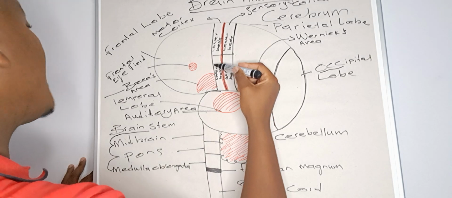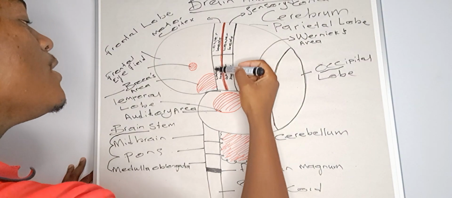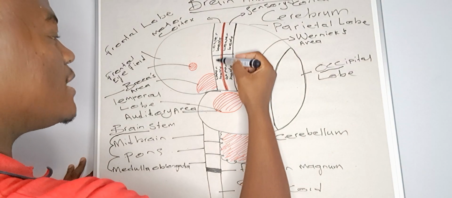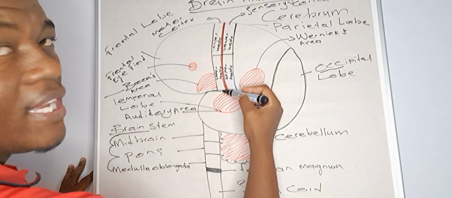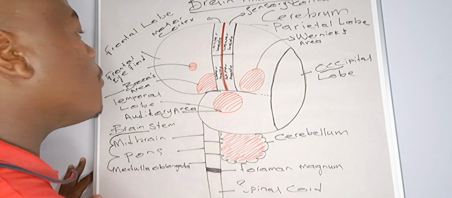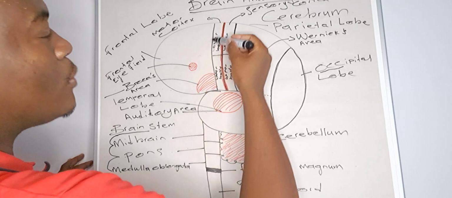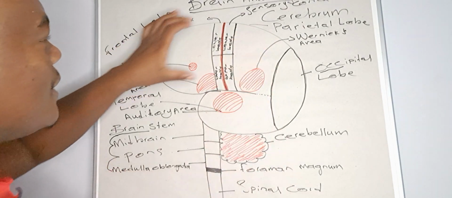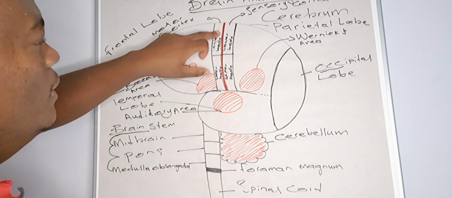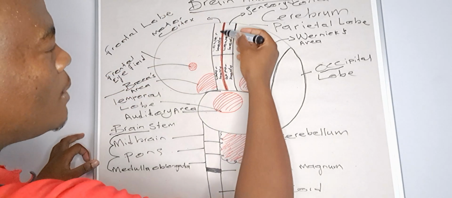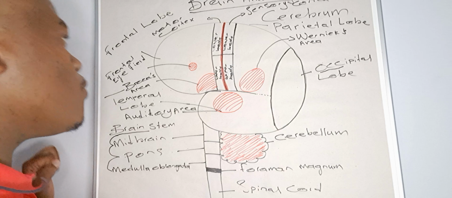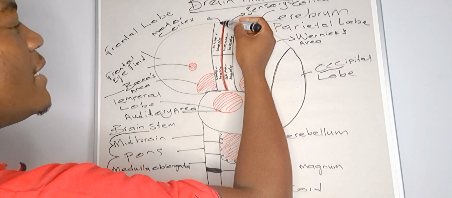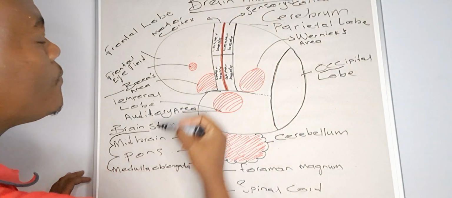For me to move my neck around, what is responsible is only this area, because of its sensitivity to the upper body. It's responsible to make me move my upper body. But what I will need to move my lower body is this area. All these things, we call the motor cortex. This is where the movement of the body is initiated. For you to move, movement is generated and facilitated here.